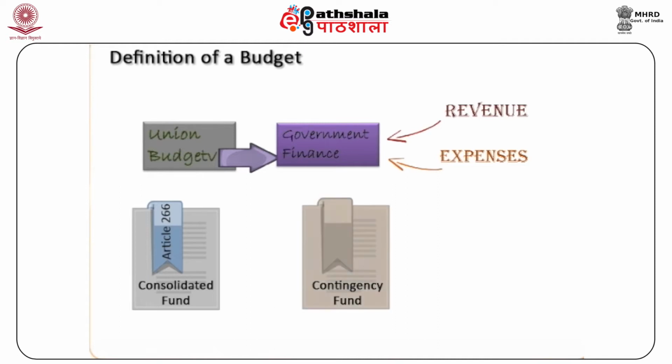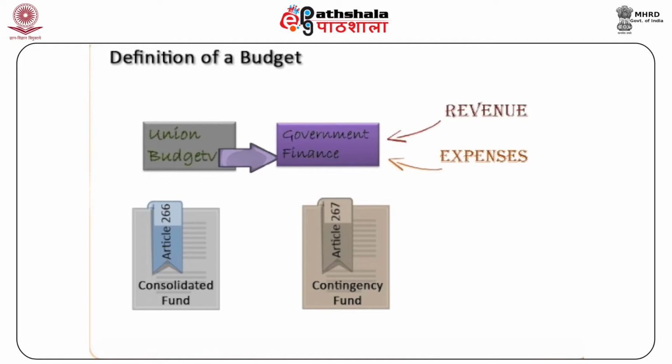Second, Contingency Fund under Article 267. This is the fund which the government uses in emergencies to meet urgent, unforeseen expenditures which can't wait for authorization by the Parliament. The government subsequently obtains parliamentary approval for such expenditure and for the withdrawal of an equivalent amount from the Consolidated Fund.